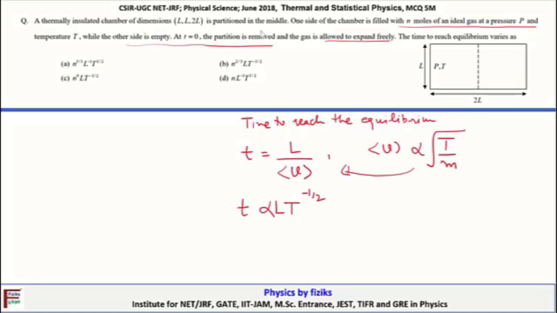Therefore, if you take a look at the options, it's option C, L T^(-1/2). So C is correct here.